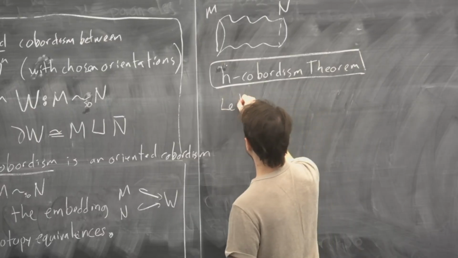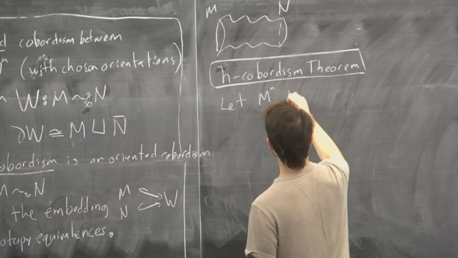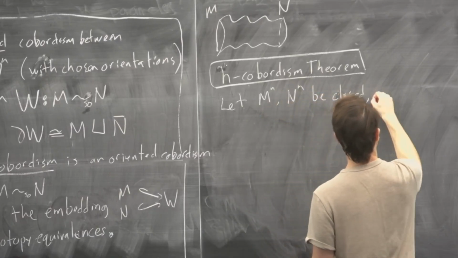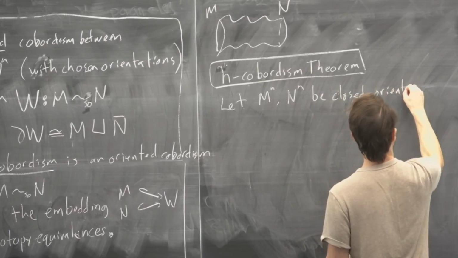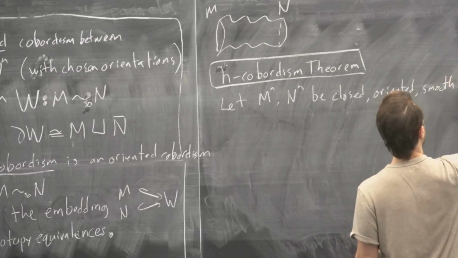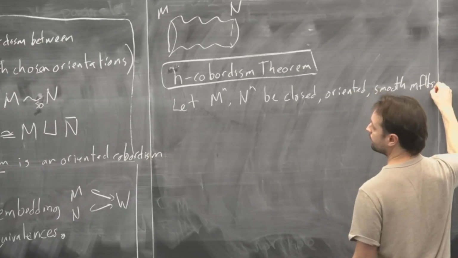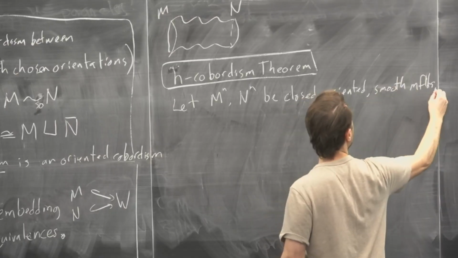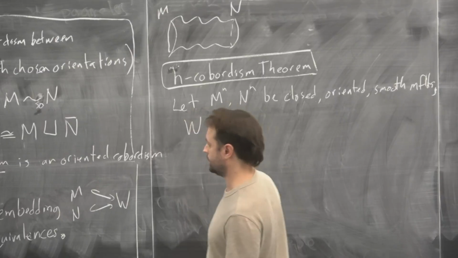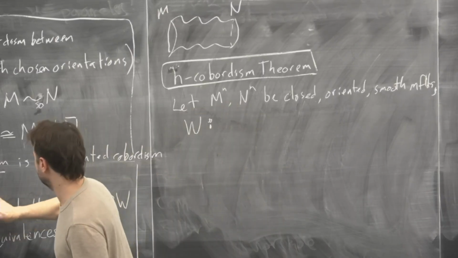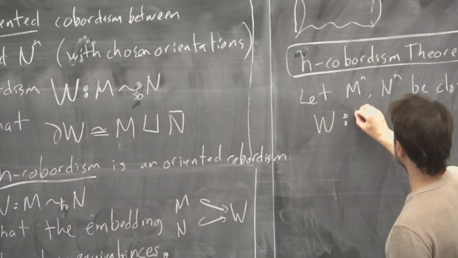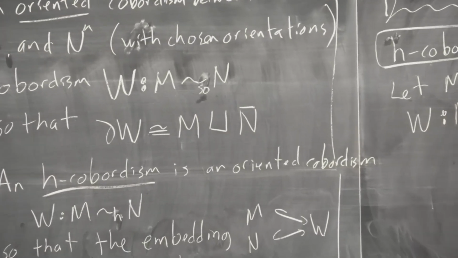So let M, N be closed oriented manifolds, and W, for an h-cobordism I'll put a little h there. So let W be an h-cobordism.